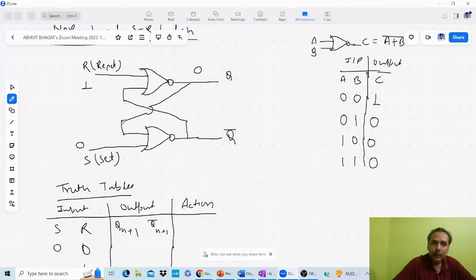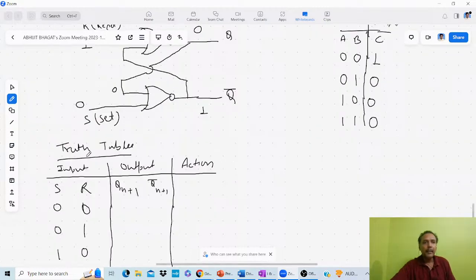So this is 0 and this is also 0. So 0 0, it is 1. I hope it is clear.